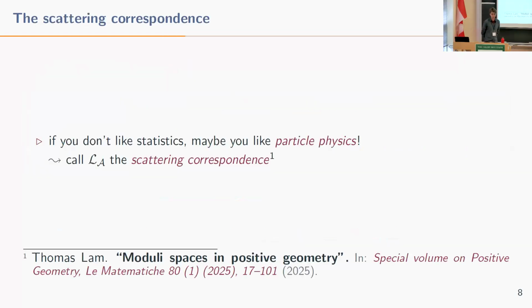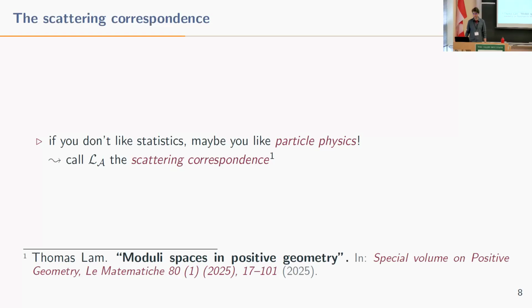So now I've talked a lot about statistics, but maybe you don't like statistics. Well, in this case, the likelihood correspondence can still be interesting for you. And that's because maybe you like particle physics. It turns out that the same object appears in particle physics under the name scattering correspondence. In the business of computing scattering amplitudes and canonical forms, people write down so-called scattering equations.